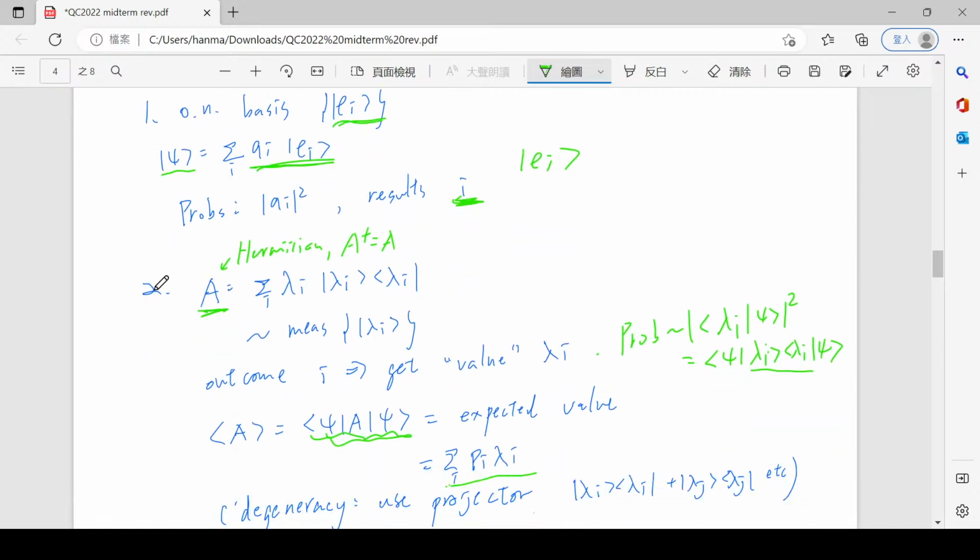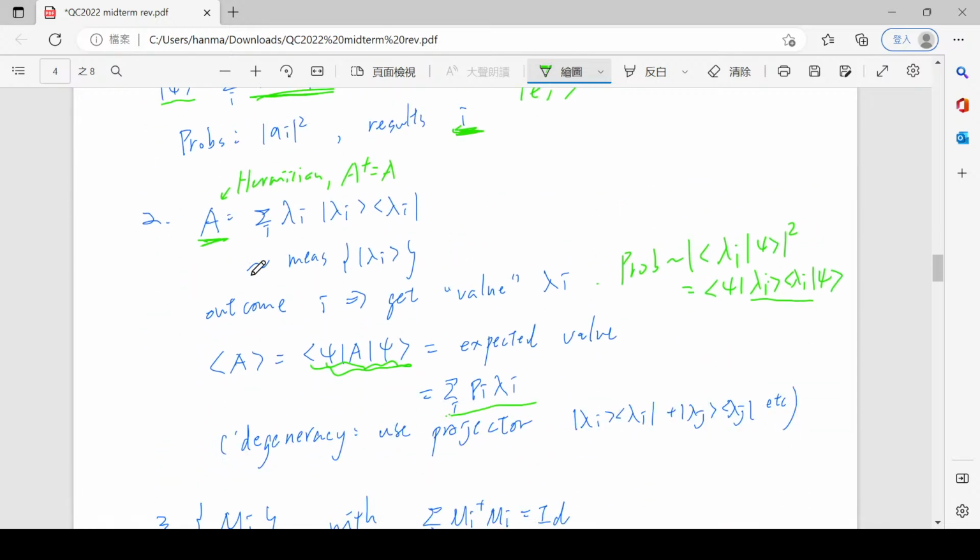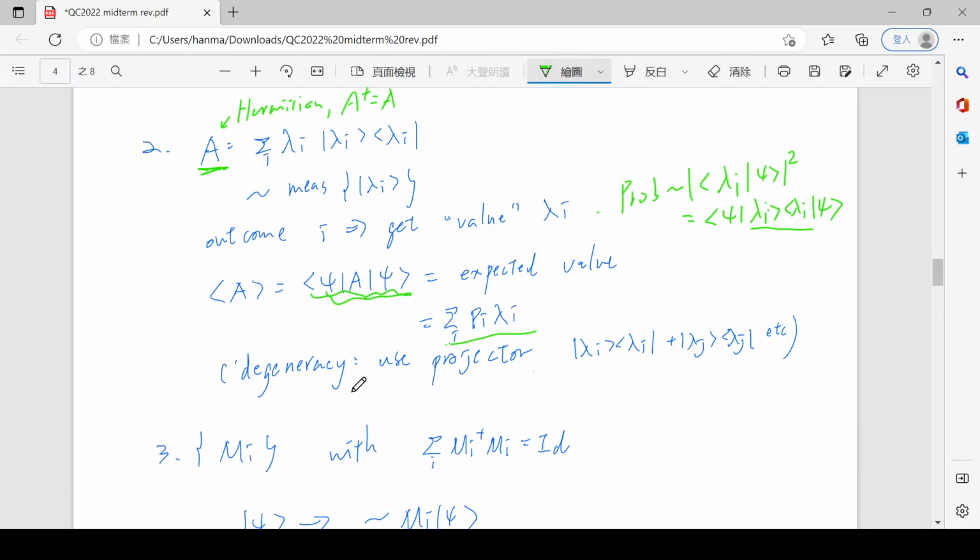But okay, so we talk about this measurement of operator A, like just measuring on an orthonormal basis. But actually, there is a catch, and for the details of the catch you should flip back to the lecture notes once again. The catch is basically there can be degeneracy. So if there can be some lambda I equal to lambda j, then these formulas are all kind of wrong.